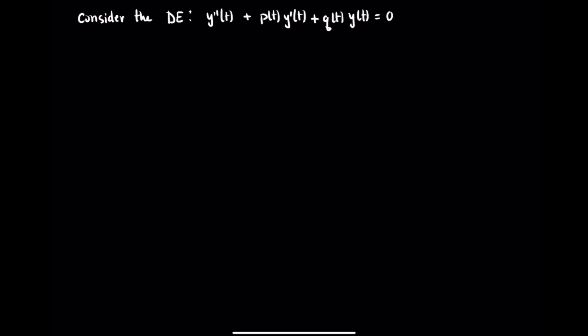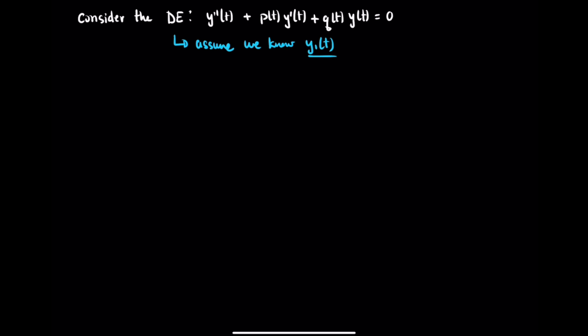Now assume that we know y1, so we know the first solution to the differential equation, but we're trying to find another solution in order to give us the general solution, right? Because for the general solution of a second order differential equation, you need two solutions that are linearly independent.